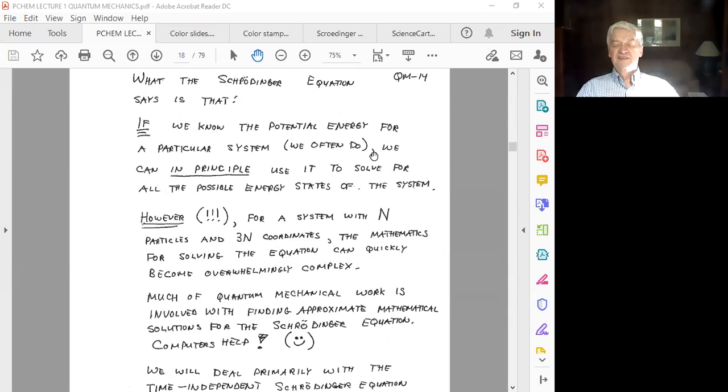So Schrodinger basically says, if you solve his equation, you can get answers to everything you might possibly want to know. Heisenberg is going to throw a wet blanket on this and say, we can't know everything. We'll come back to that when we get to the Heisenberg uncertainty principle. Probably we won't get to that this week, but no later than next week, we'll talk about Heisenberg.